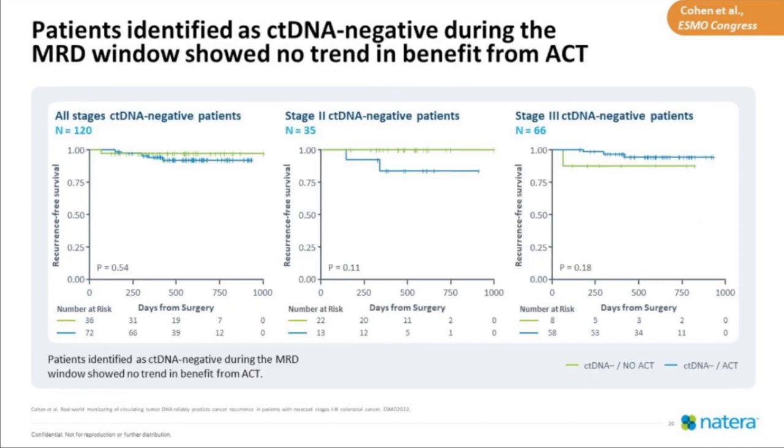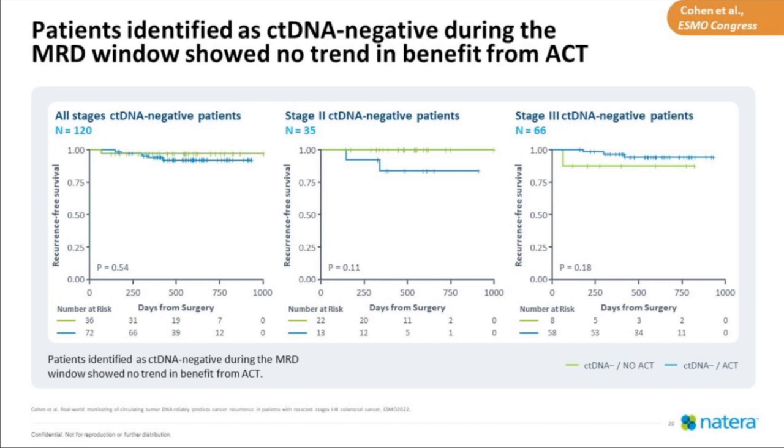These are the results that were published at ESMO. When you look at all stages in the first panel on your left, there are 120 ctDNA negative patients. Stage 2 had about 35 ctDNA negative patients, and stage 3 had 66 of them as well.